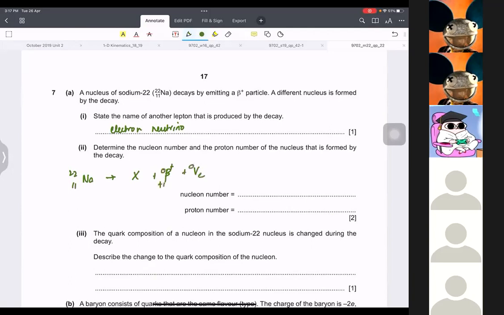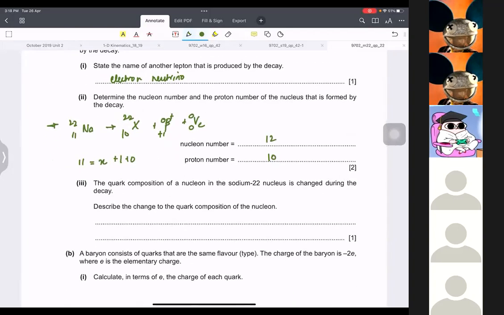This is 0 and 0. So 22 on the top line, this will be 22. Bottom line, 11 equals x plus 1 plus 0. That has to be 10. So the proton number here will be 10. This will be 12. Pretty simple.